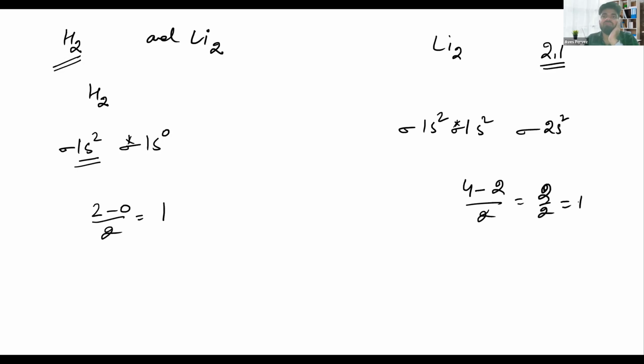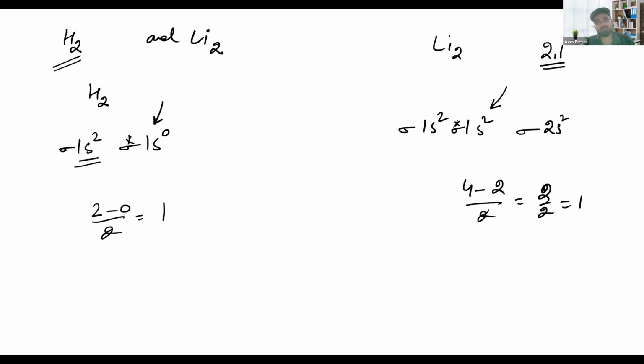But H2 is more stable than Li2. Both have the same bond order, but in H2 the anti-bonding electrons are 0, whereas in Li2 they are 2. So if the bond order is the same, then we compare the number of anti-bonding electrons. You understood?